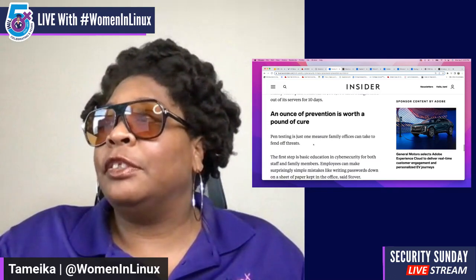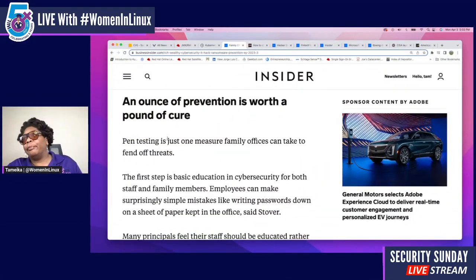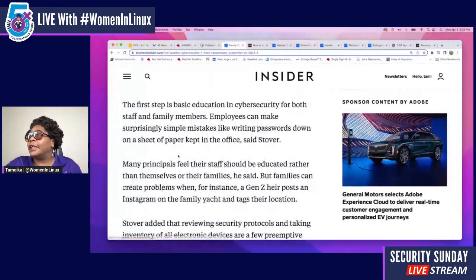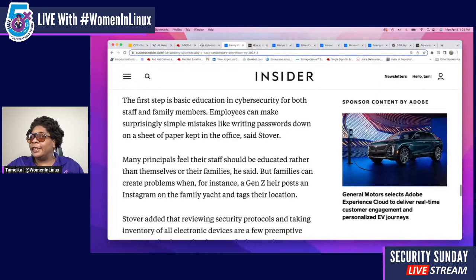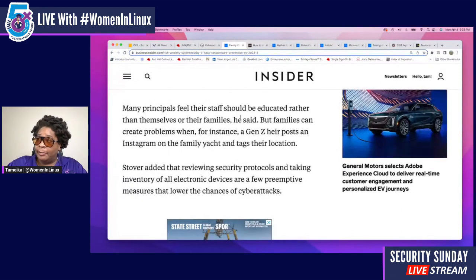Also, prevention is worth a pound of cure. Pen testing is just one measure a family office can take to fend off threats. The first step is basic education in cybersecurity for both the family members and the staff. Employees can make surprisingly simple mistakes, like writing passwords down on a sheet of paper kept in the office. Many principals feel that their staff should be educated rather than themselves or their families, he said.